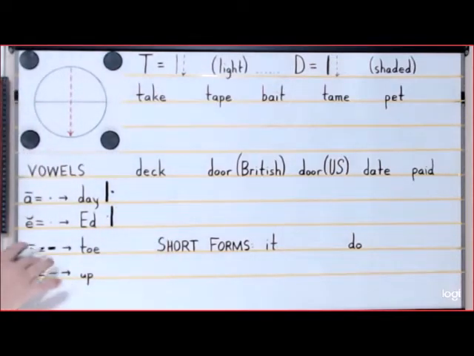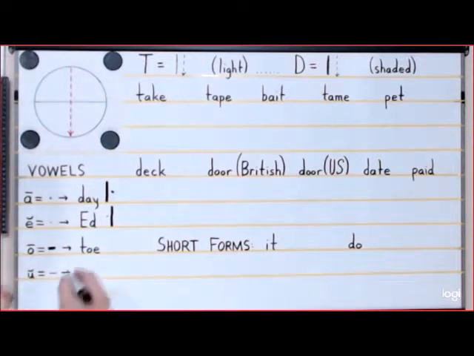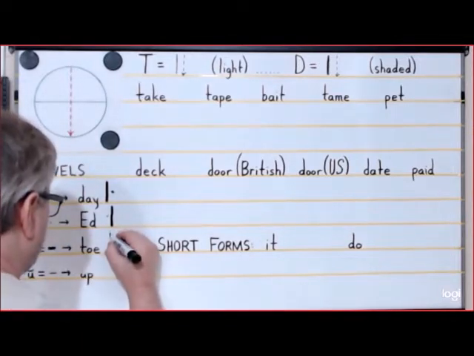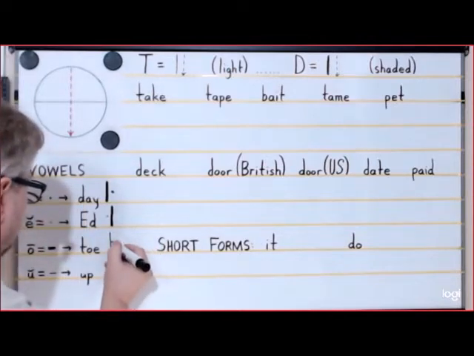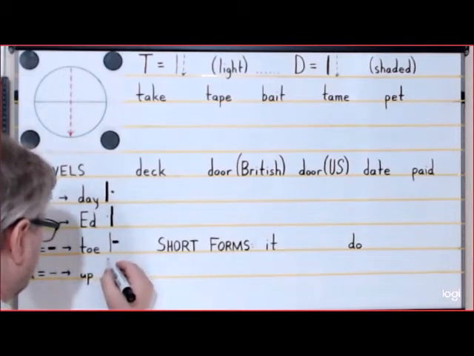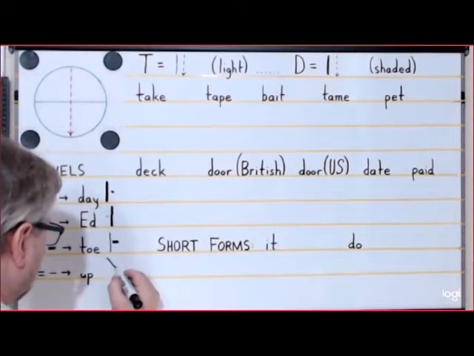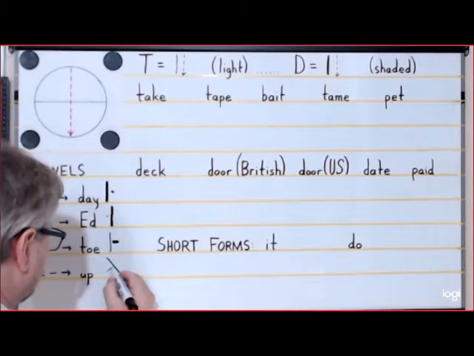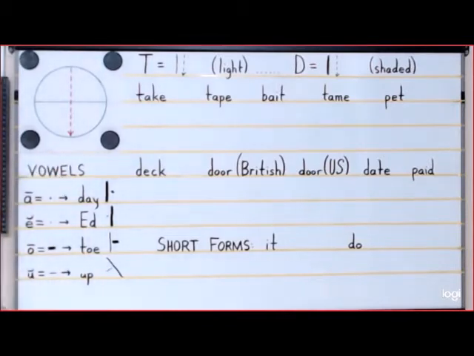The long O is represented by a heavy dash. So the word toe is the T, and then a heavy dash for the O. And then for the short U, as in the word up, we'll write the stroke first, the P, and then the light dash represents the short U for up.